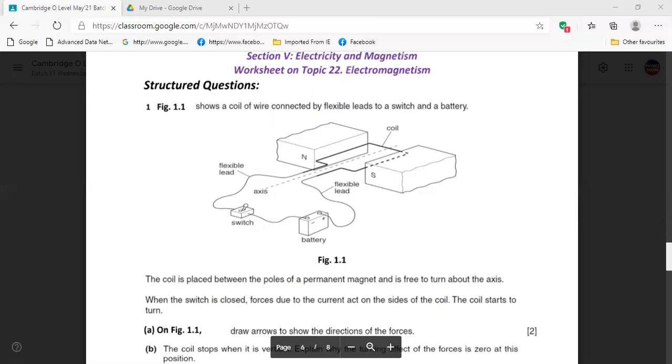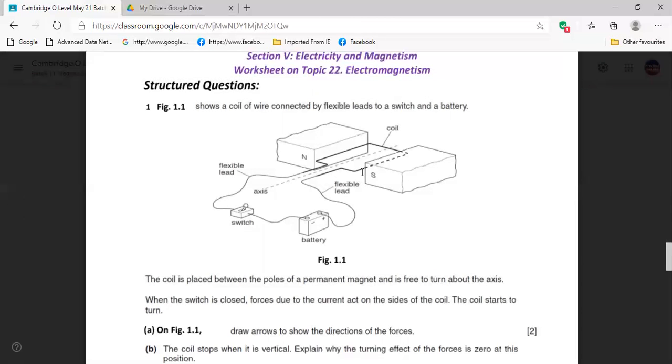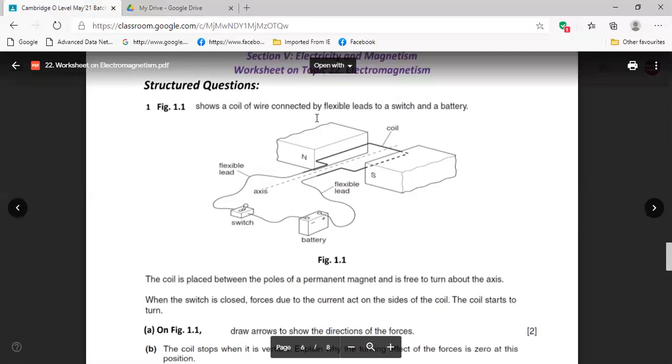So what should be the direction? So we have a magnetic field, right? We can consider that the magnetic field is to the right side. Then we have the current direction, right?